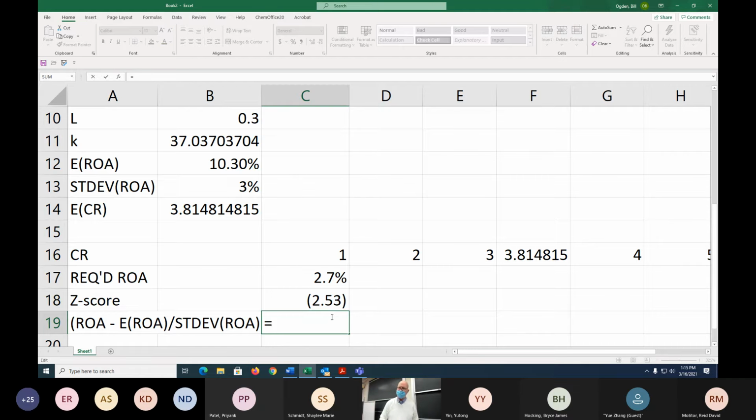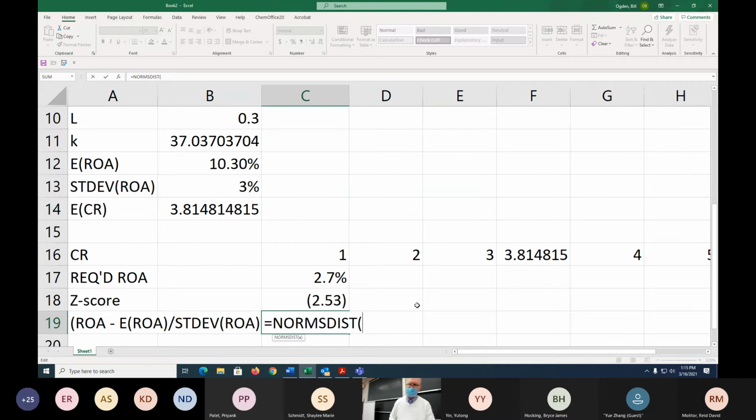So equals norm. You can see you've got quite a few choices here. The one you want to use is NORM.S.DIST, the standard normal distribution.